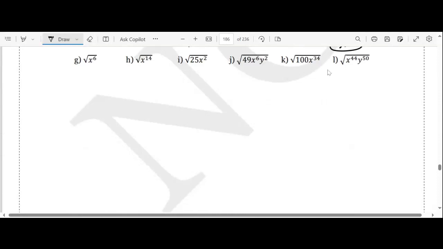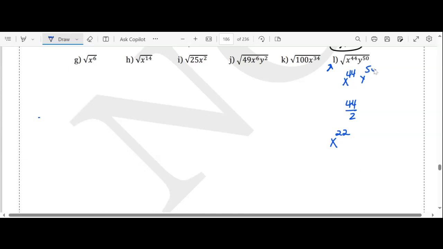I'll do the hardest one. Which one is the hardest one? I guess it's this one, right? So x to the power of 44, right? 44 divided by 2, what are you going to get? 22, right?